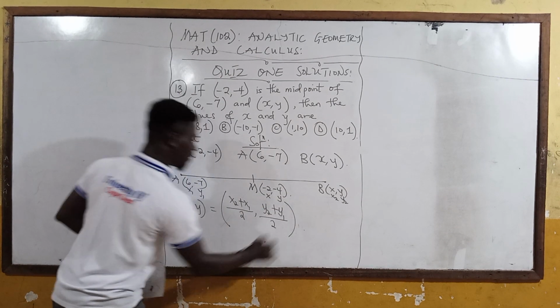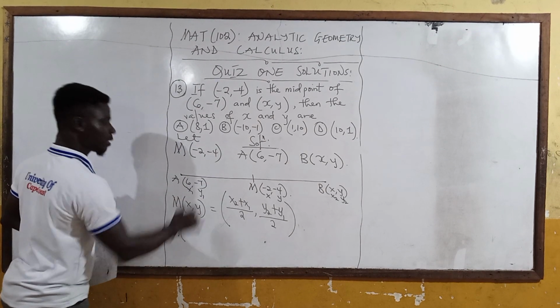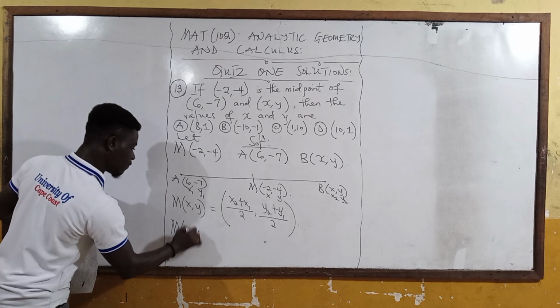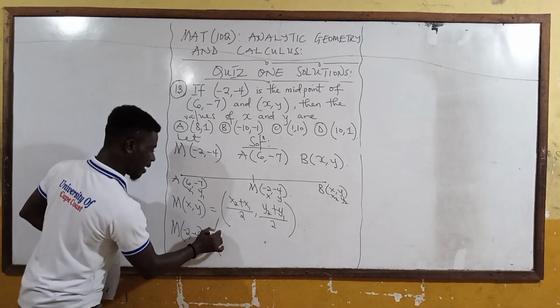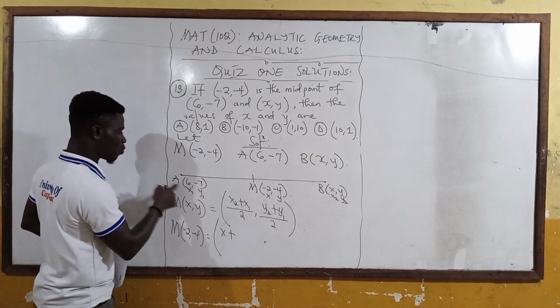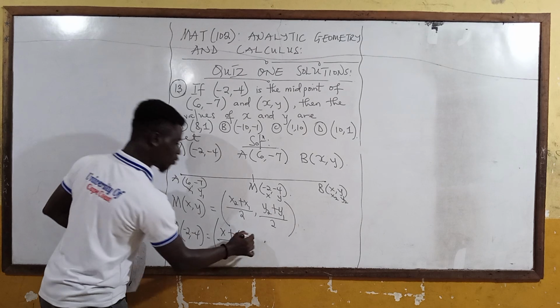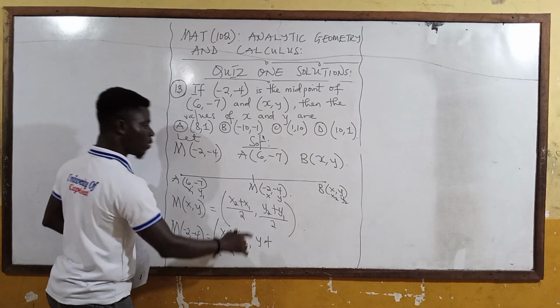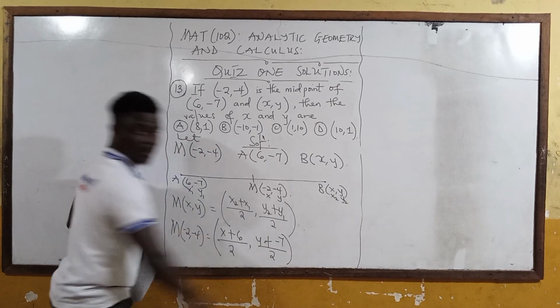So -2, -4 equals x plus 6 divided by 2, y plus -7 divided by 2.